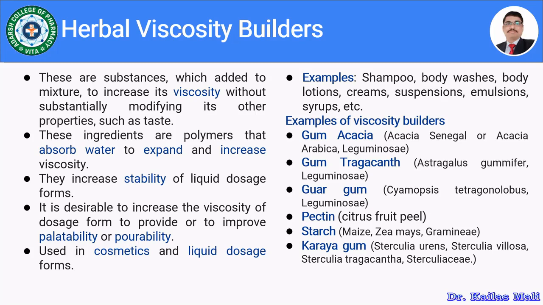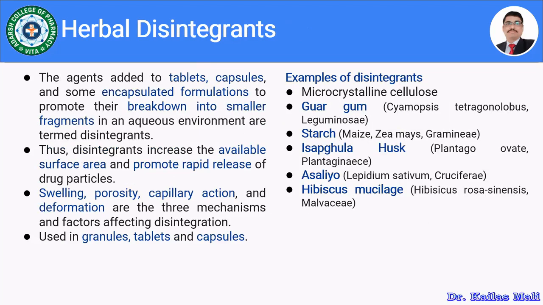Then karaya gum is obtained from Sterculia urens, Sterculia villosa, and Sterculia tragacantha belonging to family Sterculiaceae. So these are some examples of viscosity modifiers from herbal sources which are used in pharmaceutical dosage forms as well as in cosmetic preparations. So this is about the herbal viscosity builders or viscosity modifiers.